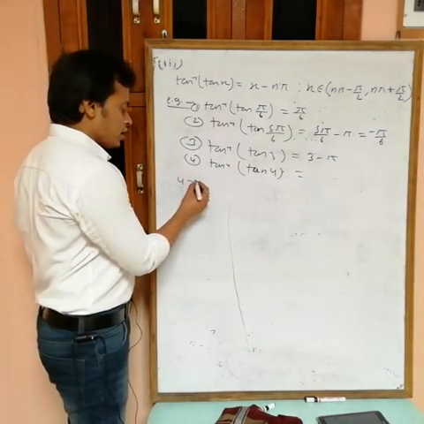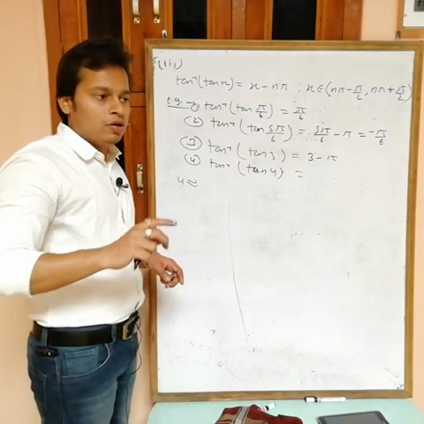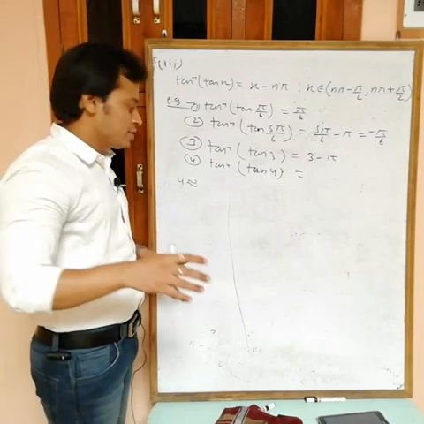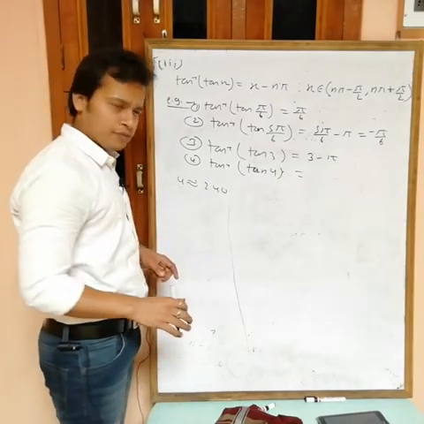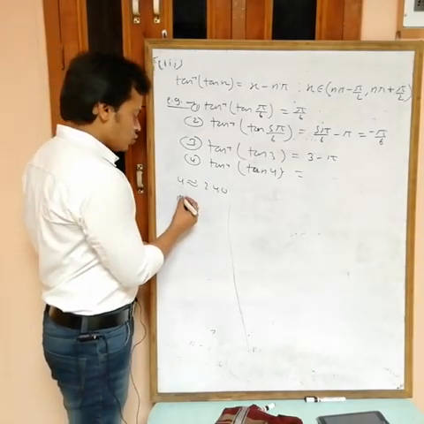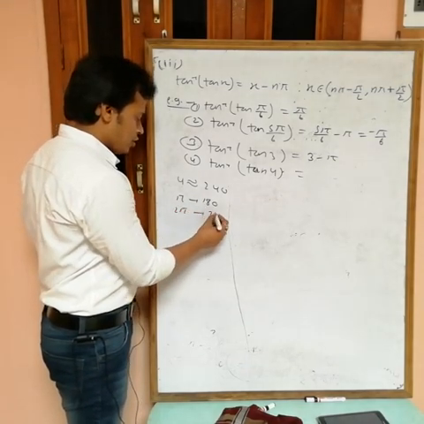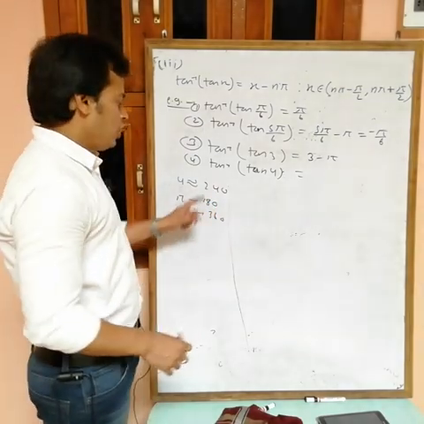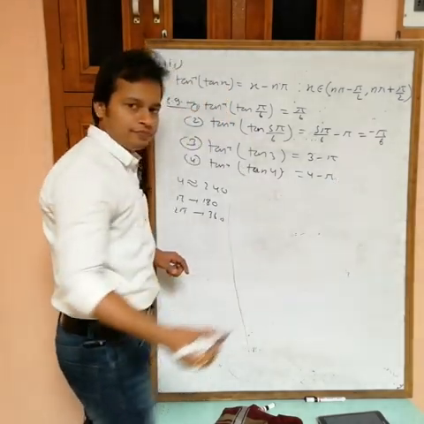The approximate value of 1 is 57 degrees. Consider 60 degrees, then 4 is 240. Pi is 180 and 2 pi is 360. Obviously this is near to pi. If near to pi, then the answer is x minus pi.